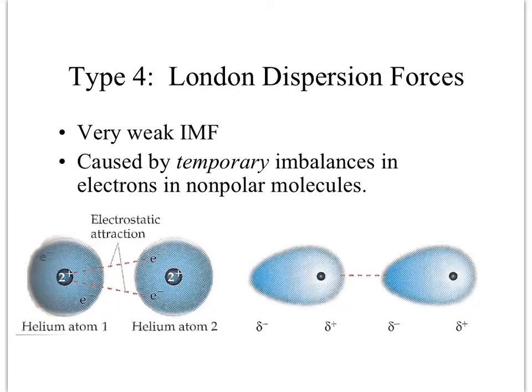These are forces that are caused because, as you know, electrons are always moving around, and so sometimes temporarily, because of random chance, the electrons on one nonpolar atom will end up, totally by chance, on one side, setting up a little bit of an electron-dense situation just for a moment, and so that will attract to the next molecule, or atom in this case.